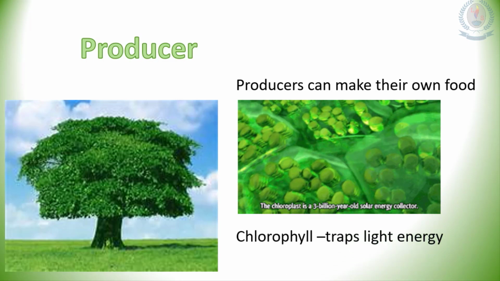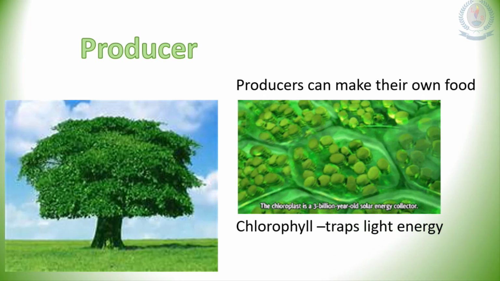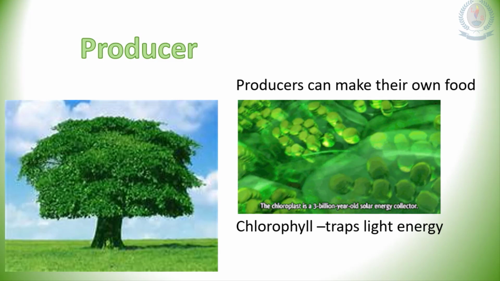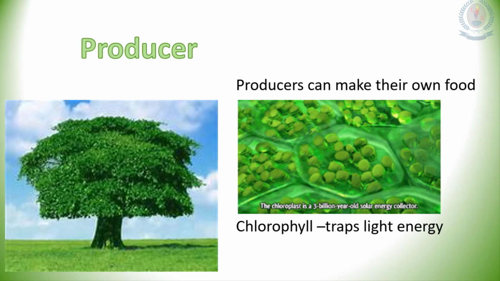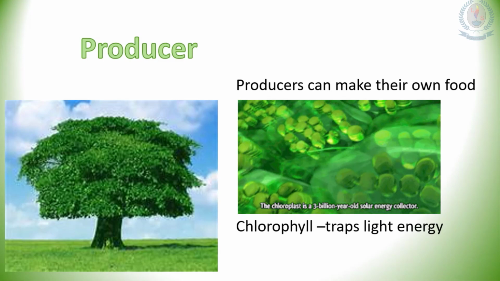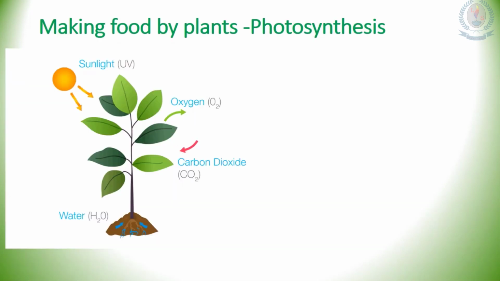You can see in the video clip, these are chloroplasts. So plant leaves contain chloroplasts that can absorb sunlight. So let's discuss about that process now. Making food by plants. That process is known as photosynthesis.